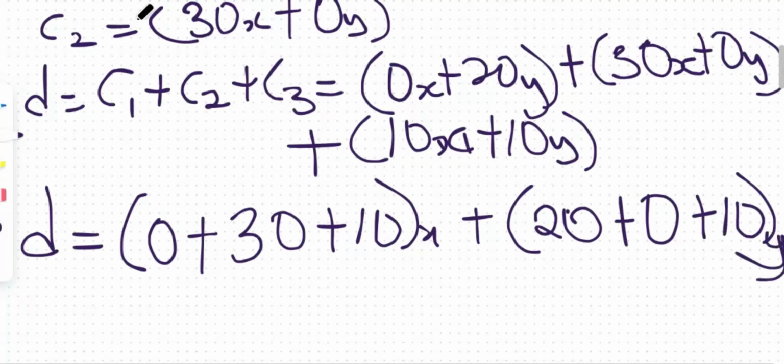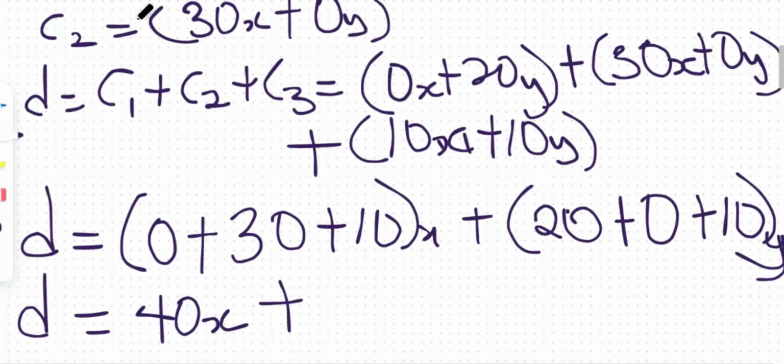Okay? So D would be this plus this plus this, that is 40 on the x side plus 30 on the y side. We know this x and y. Now, look at the question.